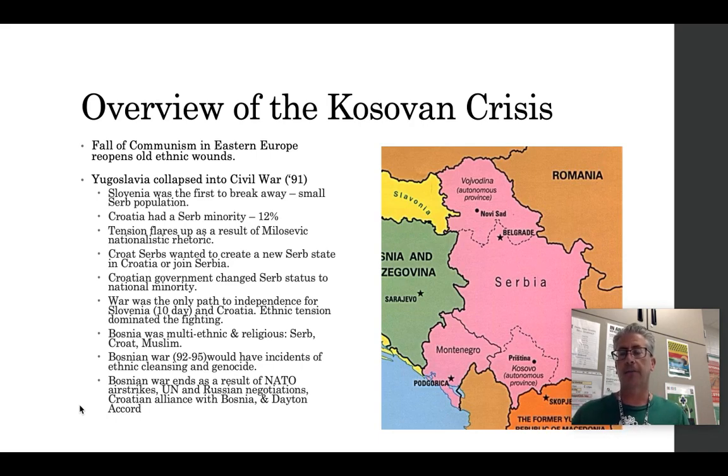And so what we're going to find out is the Serbs are going to become very resistant to when these republics want to break away. Their concern is their voice is going to be lost during this process.